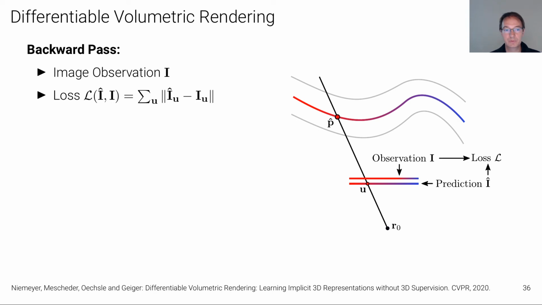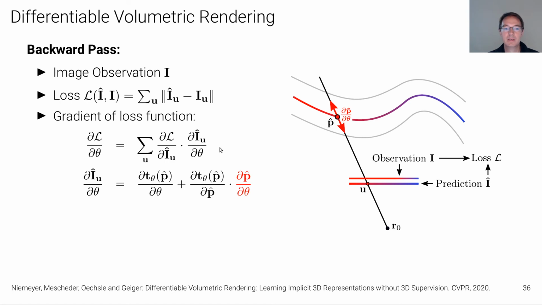So in order to minimize this error, we want to minimize a loss function, for instance, an L1 or L2 loss between the prediction and the observation. And we can do that by simply computing the gradient of that loss with respect to the parameters theta. So we do this by computing the gradient of this loss using the chain rule, which requires us to compute the derivative of the predicted image with respect to the parameters.